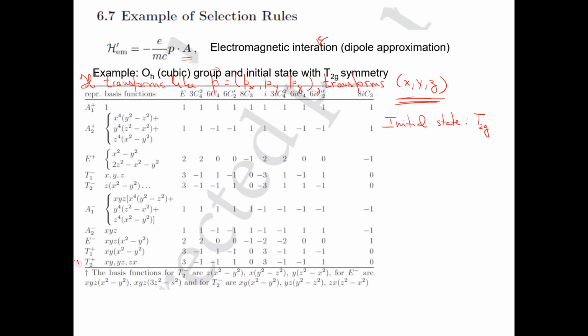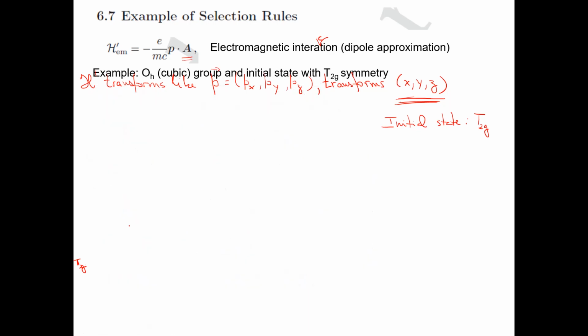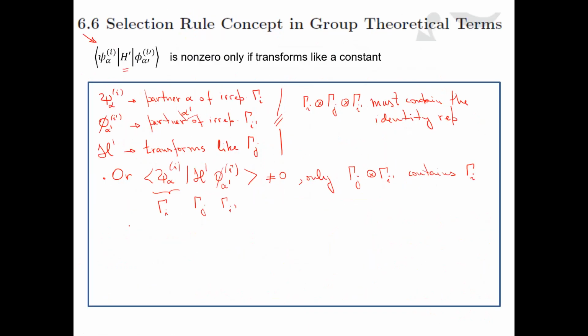This is in another notation T2G. So this is our initial state. Okay, so following the ideas that I discussed here, I basically have to make the direct product between the vector and the initial state and see if it contains the final state.